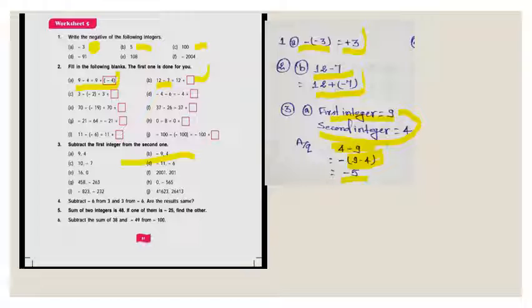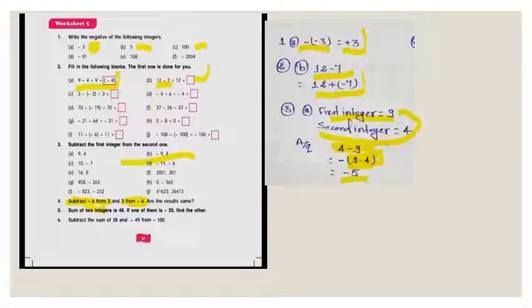Now come to question number 4. Subtract minus 6 from 3 and 3 from minus 6. In this question, there are two conditions. First one, subtract minus 6 from 3, and in the second condition, subtract 3 from minus 6.